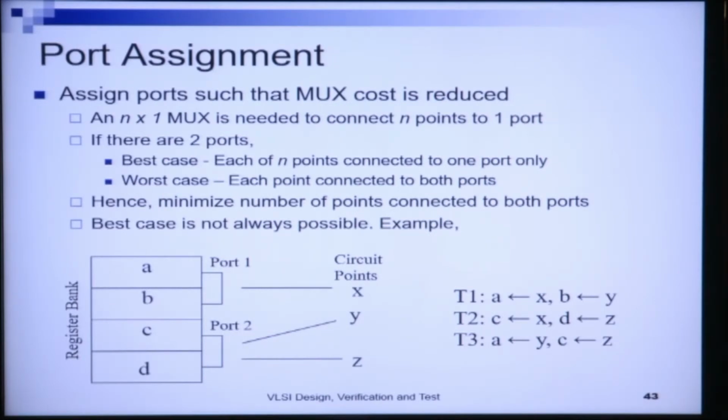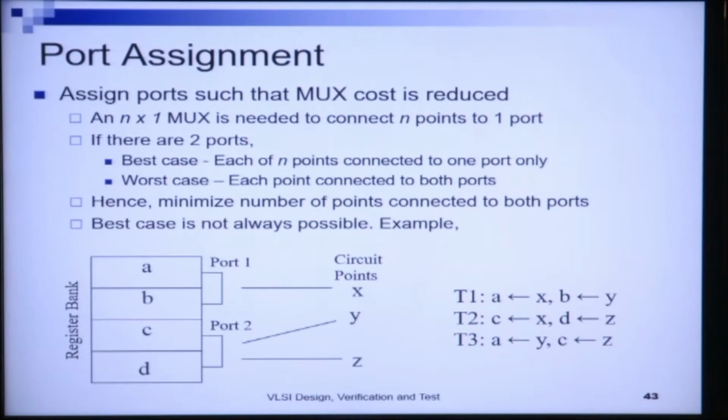Because I have used port 1 at the first time step, for this register transfer I need another port. So I do this register transfer B equals Y through port 2.